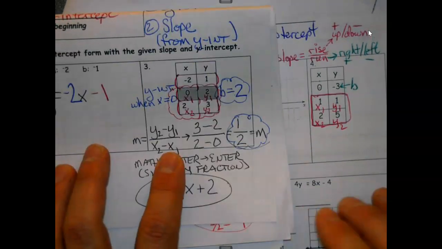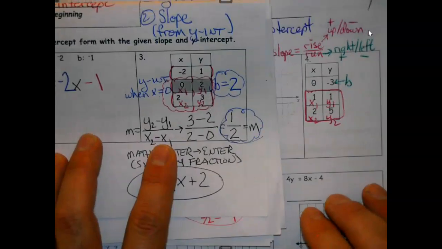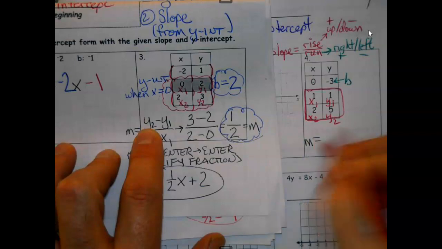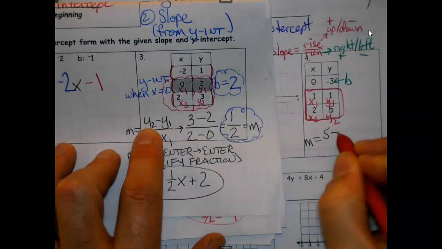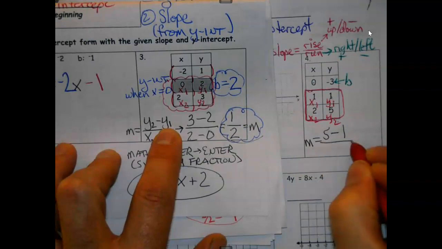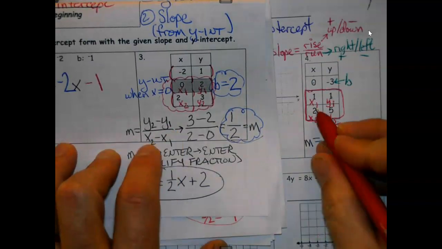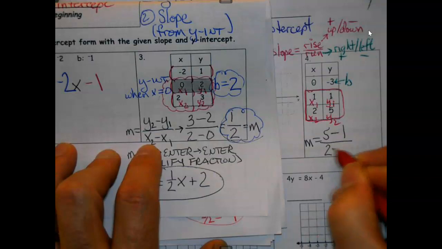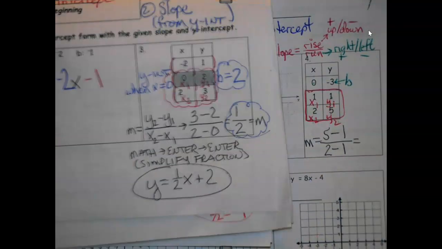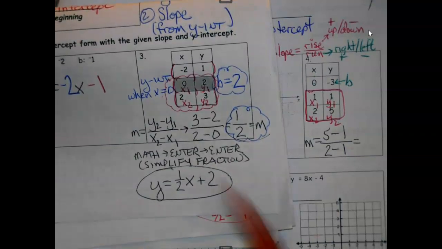So I got to follow the formula. I'm going to do y2, so 5, minus y1. And I'm going to do x2 minus x1. So I've got it right here.